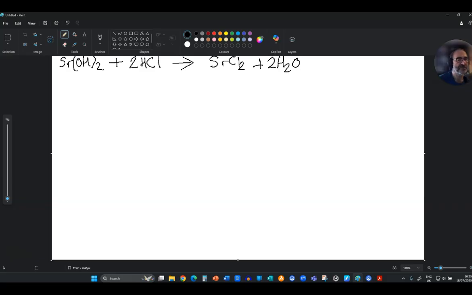This is the equation for the reaction. So it tells us that 1 mole of strontium hydroxide requires 2 moles of hydrochloric acid for complete neutralization. You also got the information from the table that enabled us to calculate the mean titer is 32.43 cubic centimeters.